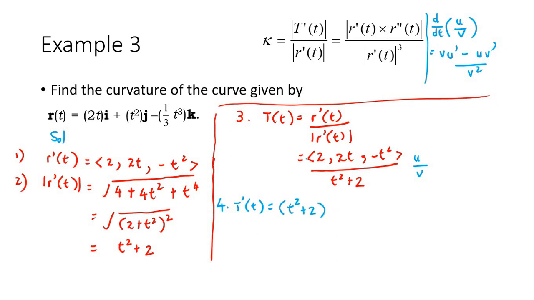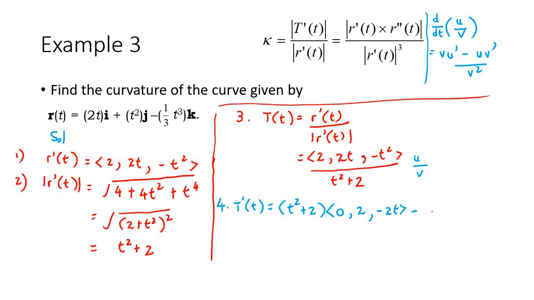Then the derivative of u, which is a vector, the differentiation of a vector, you still have a vector. The derivative of 2 is 0, of 2t is 2, and of negative t squared is negative 2t at component k.